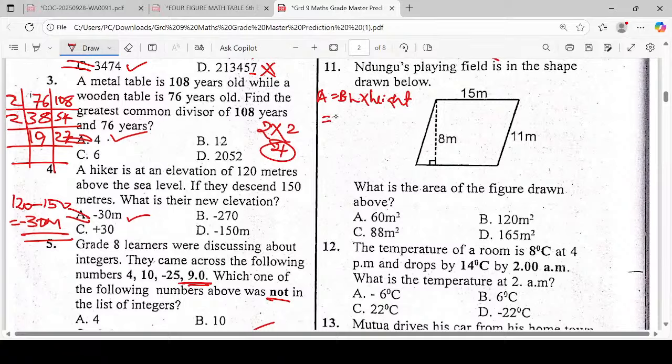Our base length here is 15 times the perpendicular height, which is 8. When you multiply, this is going to give you 120 square meters. Then back into your choices, choice B for boy is the one that is correct.